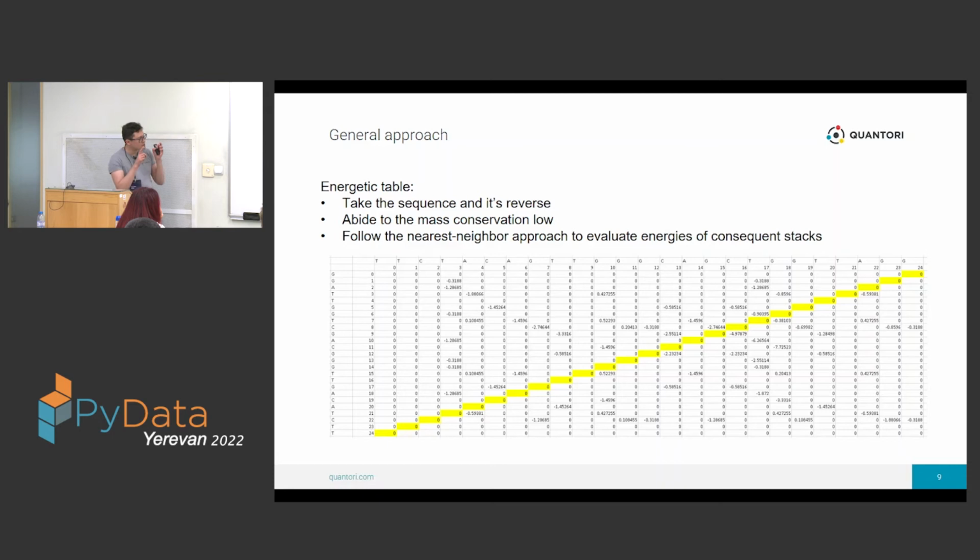The thing is that we need to consider two consequent letters, and two consequent letters are associated with some energy, which is coming from the predefined tables of the nearest neighbor method. So in accordance with those tables and the method, we just sum the energies of the consequent letters. For example, we take this one, this one, this one, and this one, and come up with the energy of this particular helix, right?